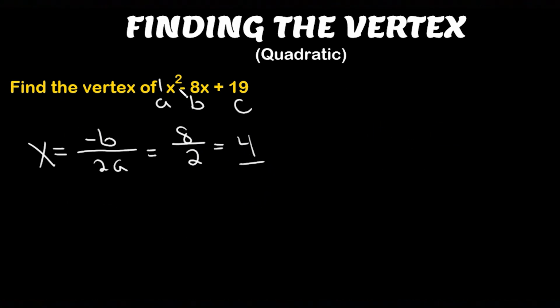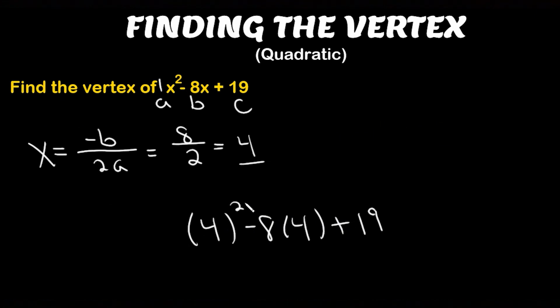Plugging it back in now to get the y value, we get 4 in parentheses squared, that's my x squared, minus 8 times 4, and then plus 19, okay? So 4 squared is going to give you 16, so we get 16. Negative 8 times 4, negative 32, and then plus 19.